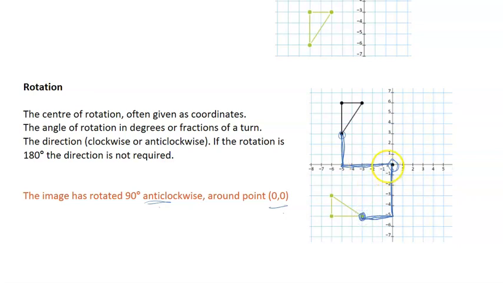So if I have a look, what angle has that particular track taken? It has taken a 90-degree turn, and I can see the direction is anti-clockwise. I can see the point of rotation is (0, 0).